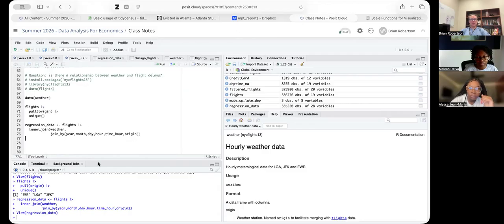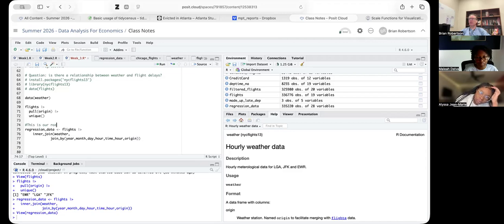Let's go back to here. So what I want to do now is go back to my notes and compute the average departure delay by month, right? So let's go to flights. So this is our regression data.